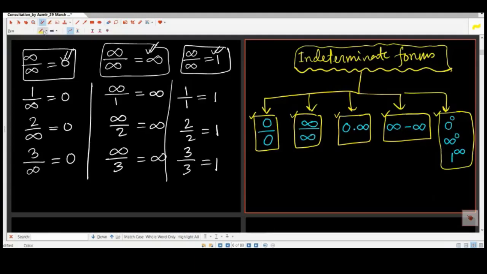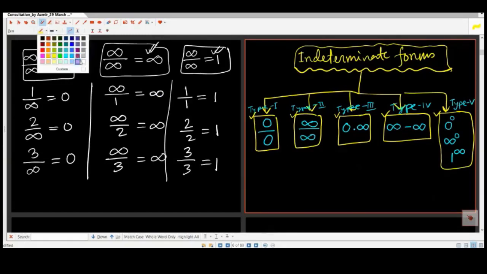For convenience, we can say this is type 1, this is type 2, this is type 3, infinity minus infinity is type 4, and the last one is type 5.